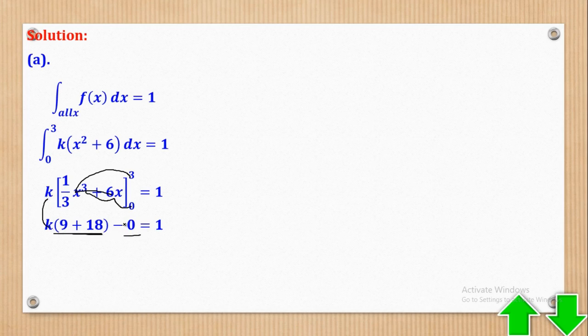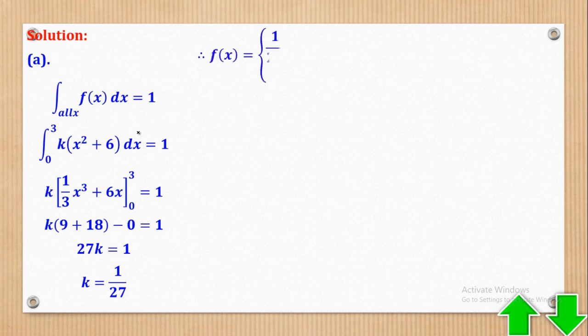Also here, k times 0 is 0, that's why here you only see 0. So next is to simplify still. 9 plus 18 gives you 27, but there is k here, that's why you see 27k equal to 1. But remember they want the value of k, so divide both sides by 27 to come up with k equal to 1 over 27.